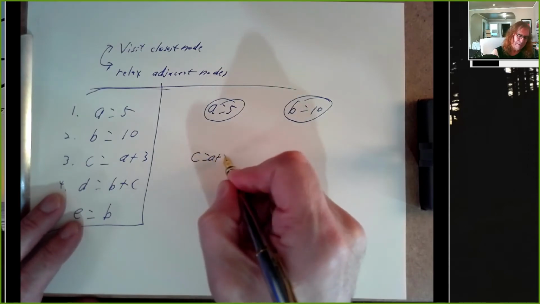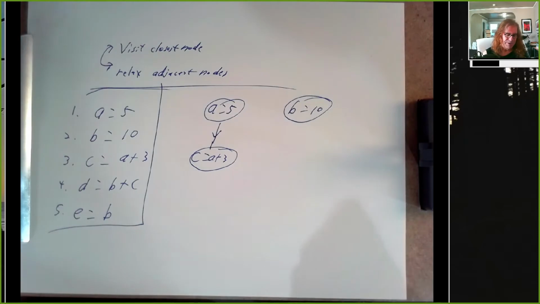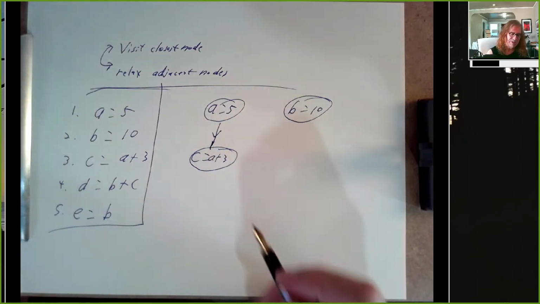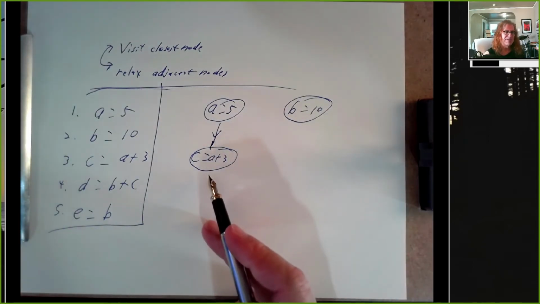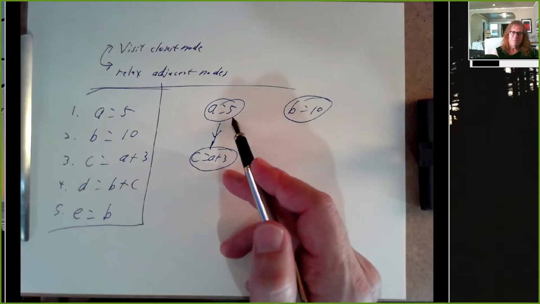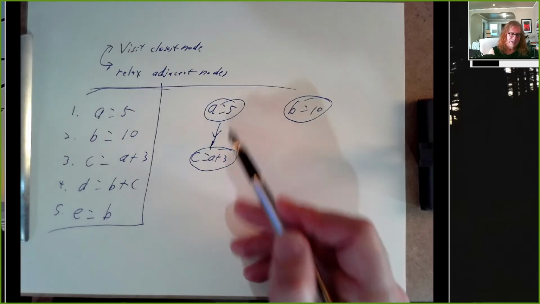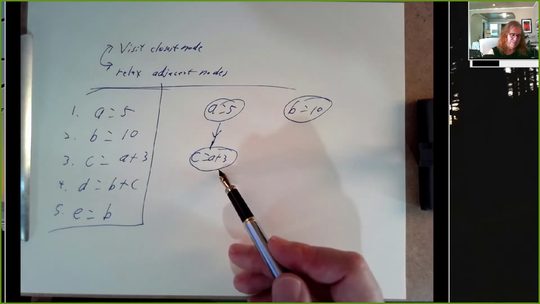So I'm going to draw an arrow from this instruction to that instruction, which means if this instruction is trying to figure out when it can run, it needs to look at this instruction and wait for indication that this has completed. As soon as this is completed, this instruction can execute.